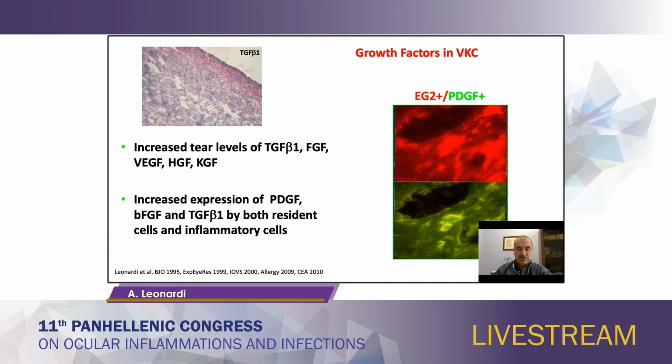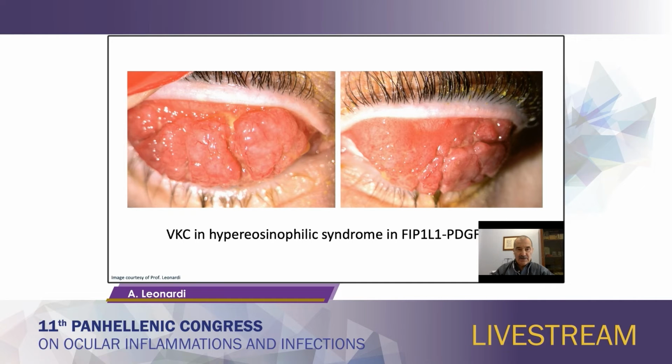These factors are produced by both resident cells, meaning fibroblasts and epithelial cells, but also by inflammatory cells. This is a particular form of VKC-like hypereosinophilic syndrome in a patient with a gene defect in FIP1L1-PDGF receptor alpha, which gives the proof that PDGF is involved in tissue remodeling, released by eosinophils.